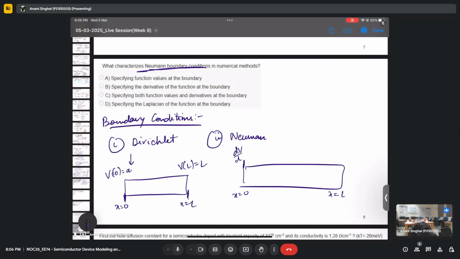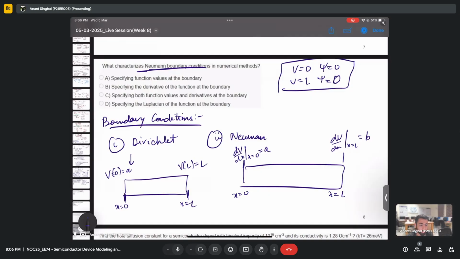So dV/dx at x equals 0 is some value A, and dV/dx at x equals L is some value B. This is the only difference in specifying the boundary condition, because any numerical will be solved using the boundary condition. I hope you remember the Schrodinger equation when we solve for the infinite well, where at x equals 0 the psi is 0, and at x equals L the psi is 0, right? You remember this?